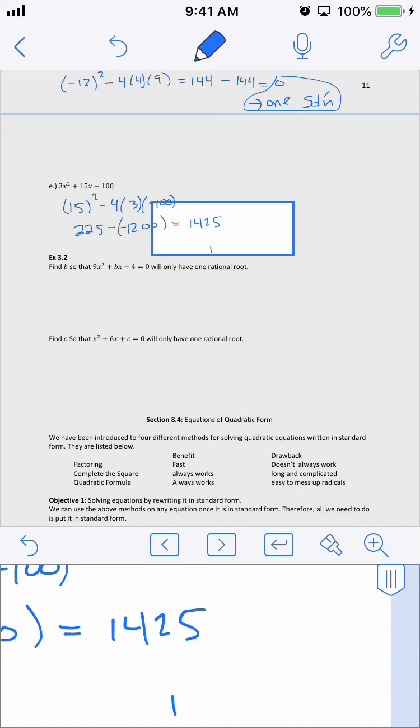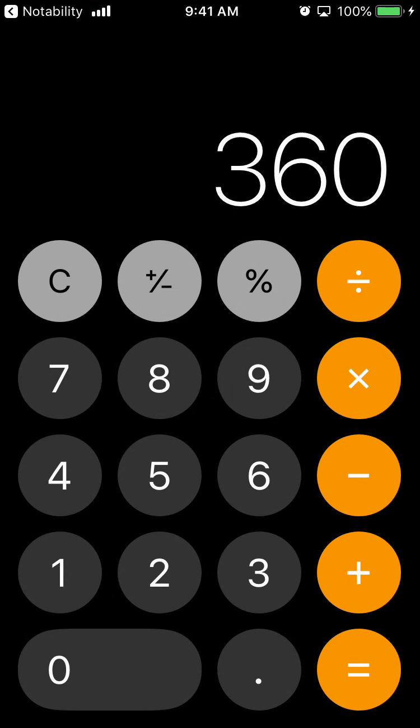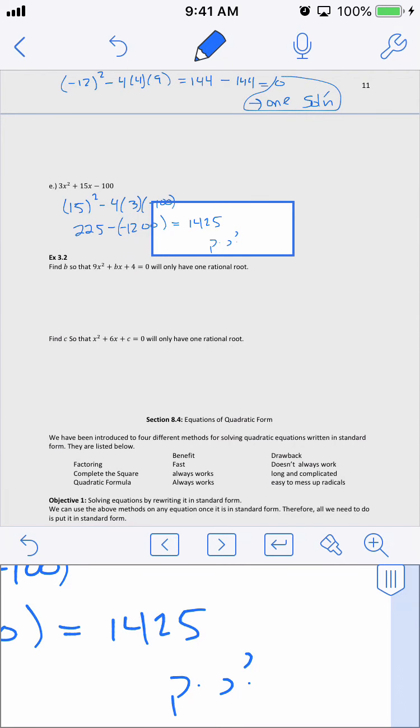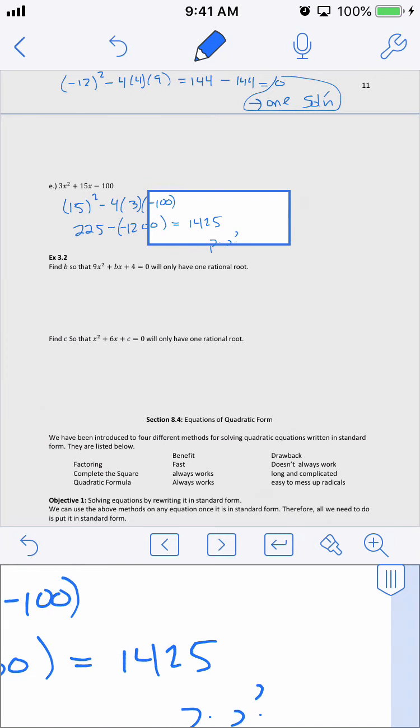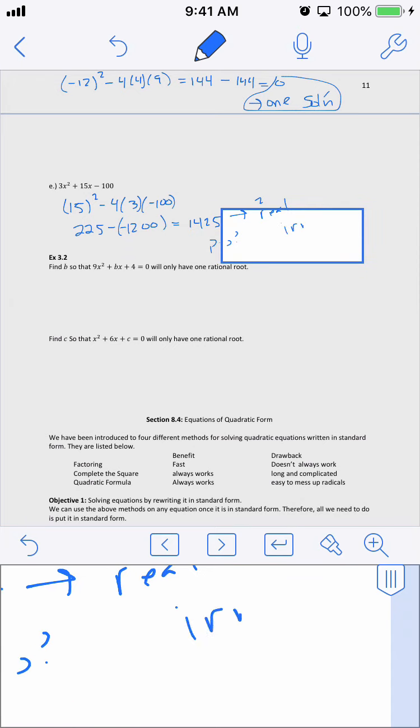So the question is perfect square. Ugh, I hate doing perfect squares in the calculator. Okay, so I checked 1425, not a perfect square. And so this leads me to the conclusion that I'm going to have 2 real but irrational solutions.